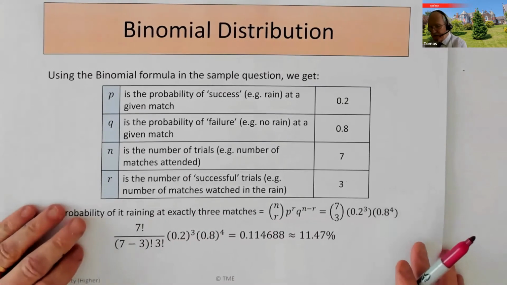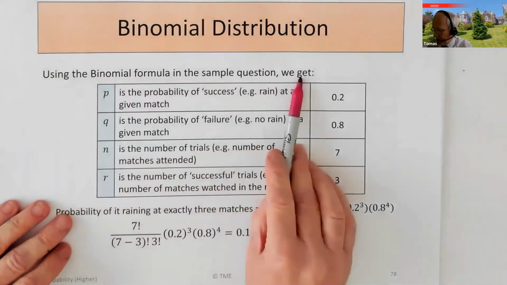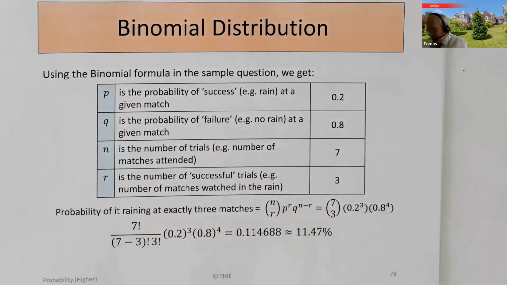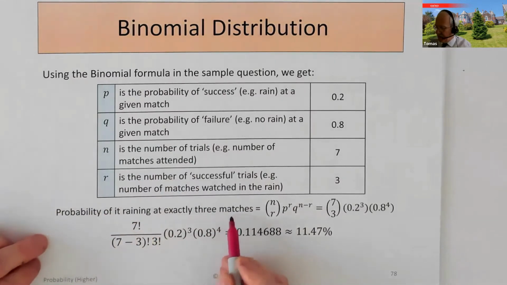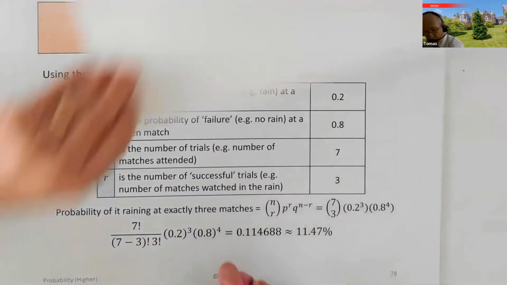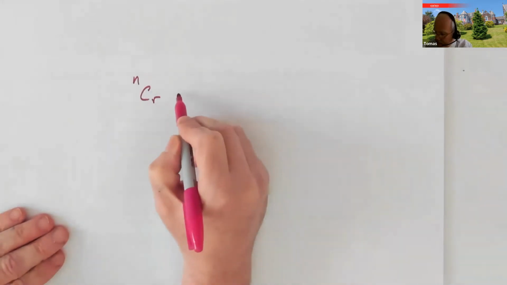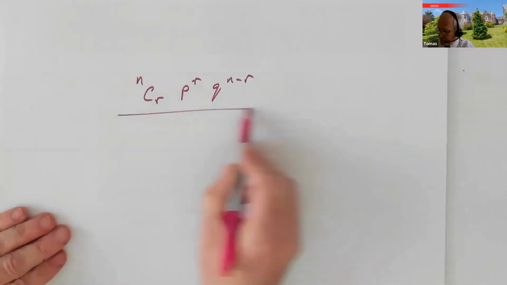So let's go back to this question about the match. So using the Bernoulli trials, we say, what is the probability of exactly 3 matches? The person is going to watch 7 matches, okay? So the formula says nCr, p to the r, q to the n minus r.